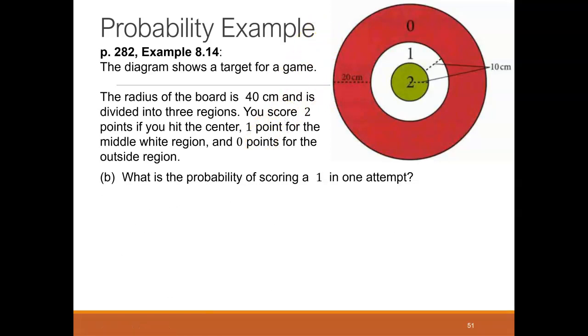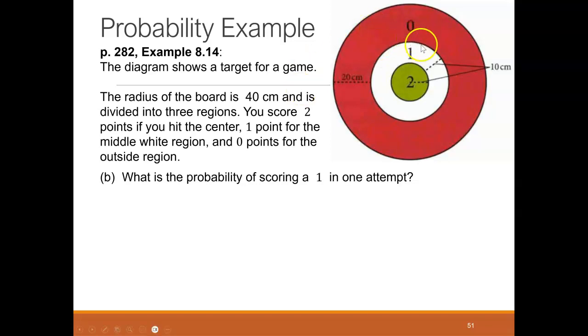How about the probability of scoring a 1 in one attempt? That's going to be the area of the 1 divided by the whole area of the board. Everybody agree with that?